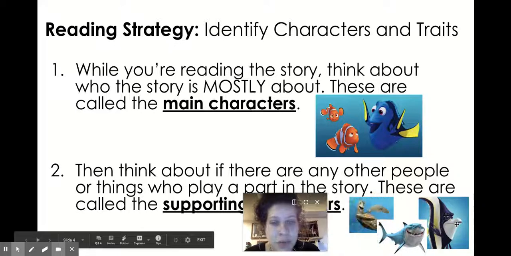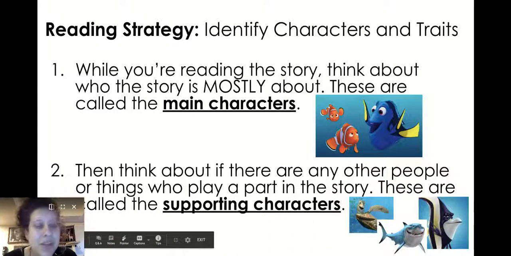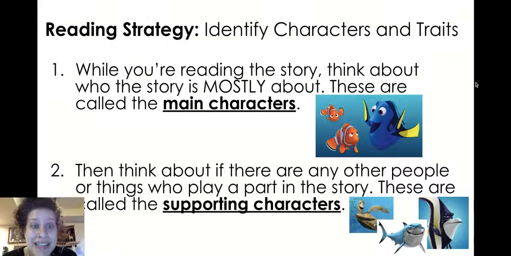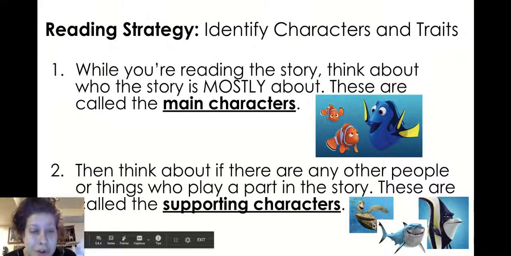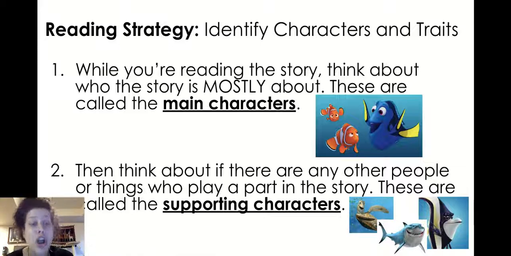So in the example Finding Nemo, we have our turtle friend, we have our shark, we have Gil the fish. These characters are also in the story. They're part of it, but they're not the main characters. They're just supporting characters.